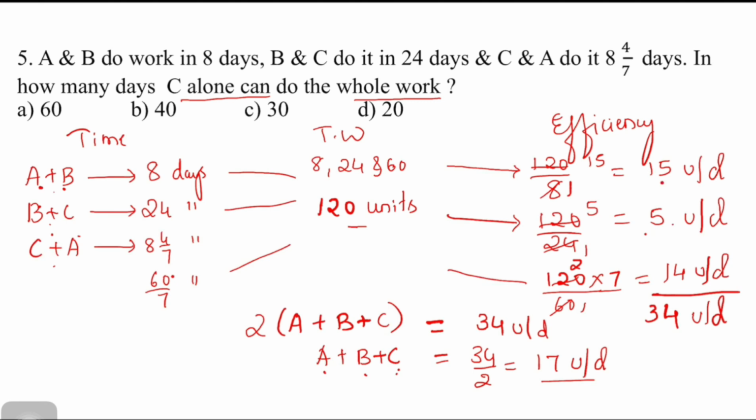A plus B is how much? 15 plus 5 is 20, plus C alone we don't know, which is equal to 17.